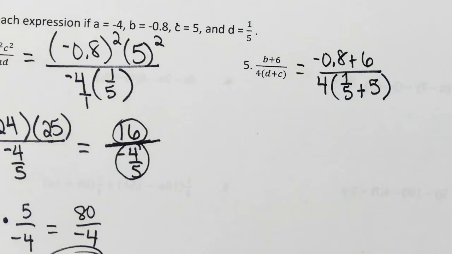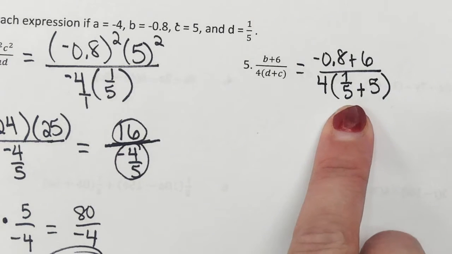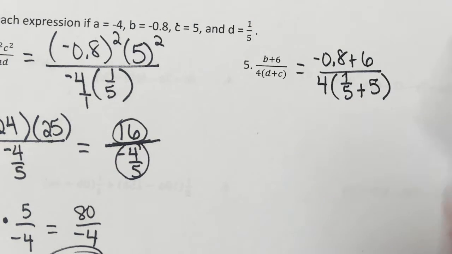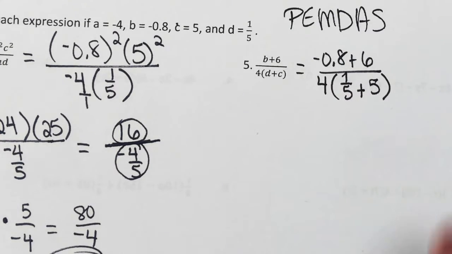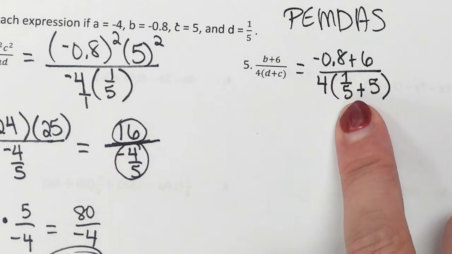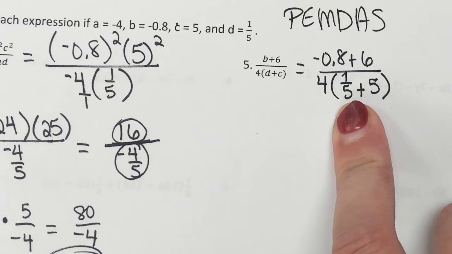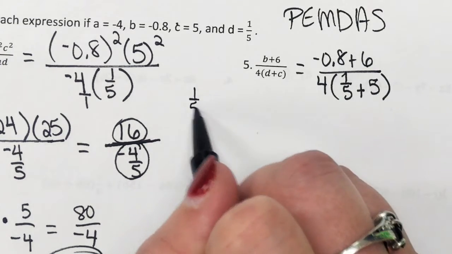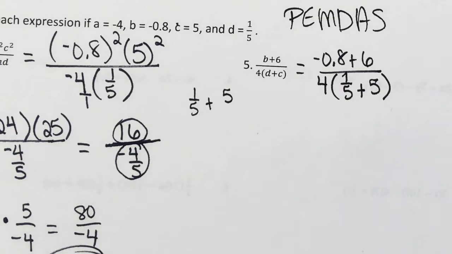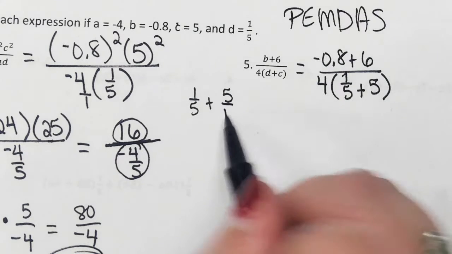Okay. All right, look right here, guys. You got to do parentheses first. Remember order of operations? PEMDAS? Okay, parentheses. How do I add fractions? What do I have to do first? Put a 1 under it, right?